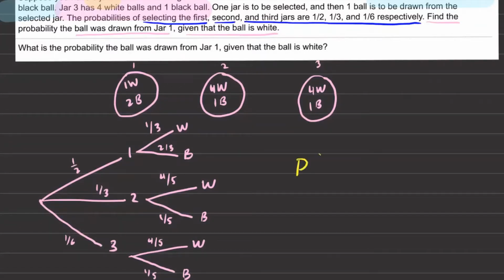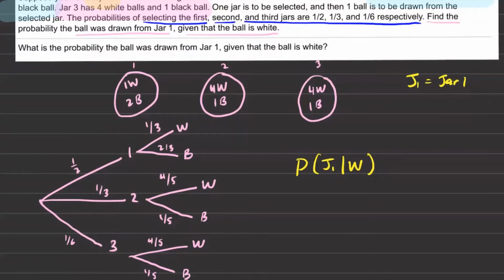So we're looking for the probability that it is jar 1. So let's call it J1, given that it was a white ball. So let's call it W. So let J1 stand for jar 1 and W for white ball.